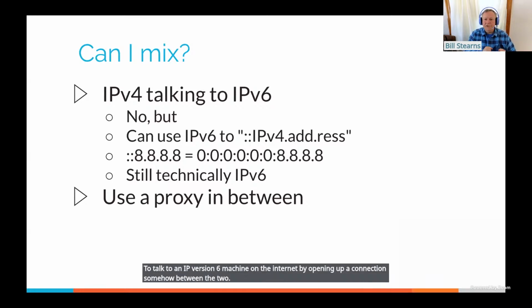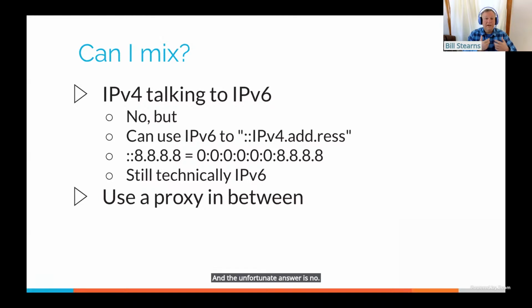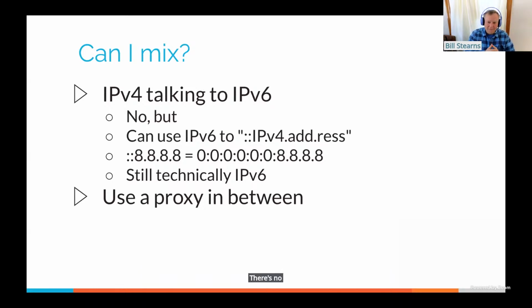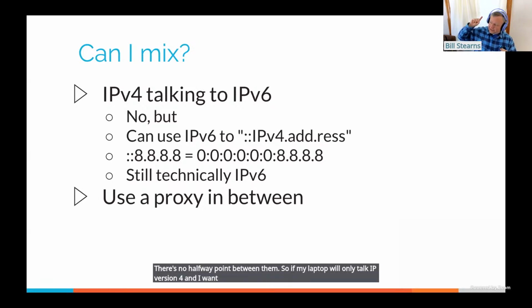And the unfortunate answer is no. You have to pick whether you're sending IP version 4 packets or IP version 6 packets. There's no halfway point between them. So if my laptop will only talk IP version 4 and I want to speak to a machine that's only IP version 6, there's no way to hold that conversation.